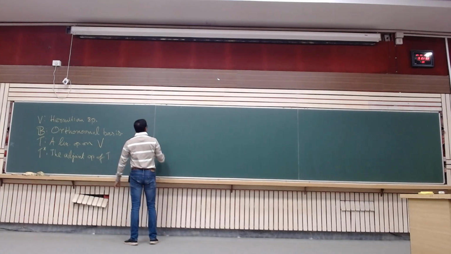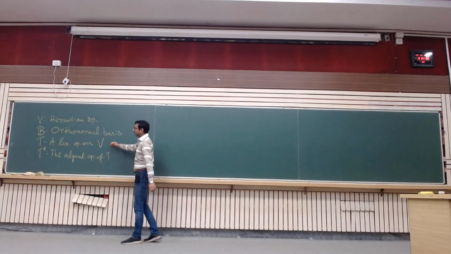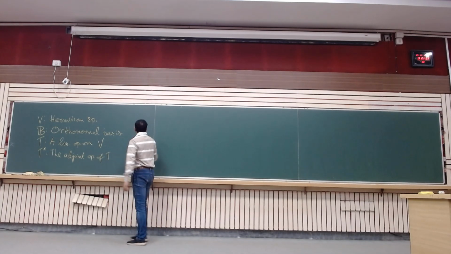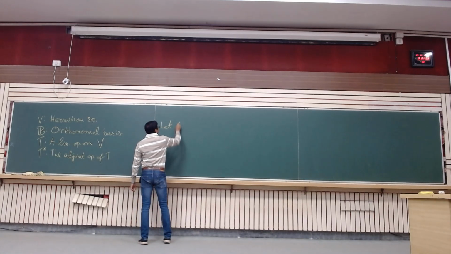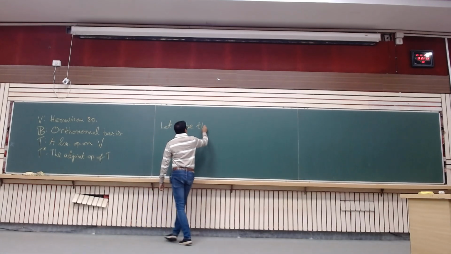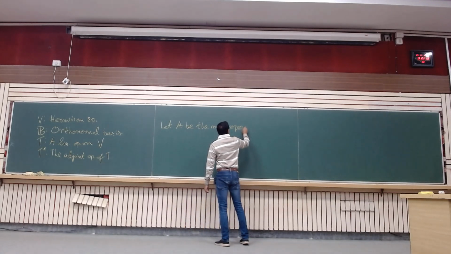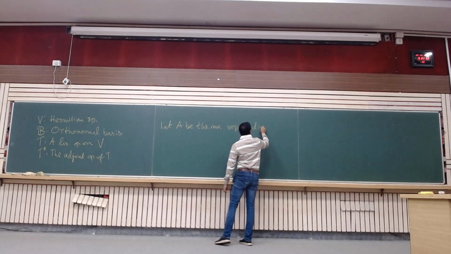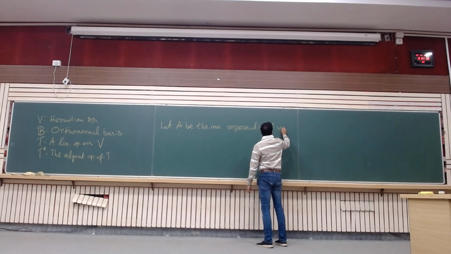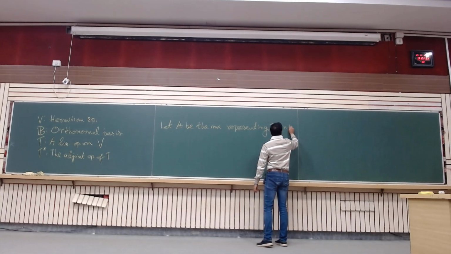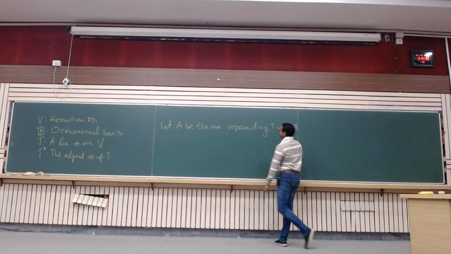With respect to B, T has a matrix representation, right? Let A be the matrix representing T with respect to the basis B.